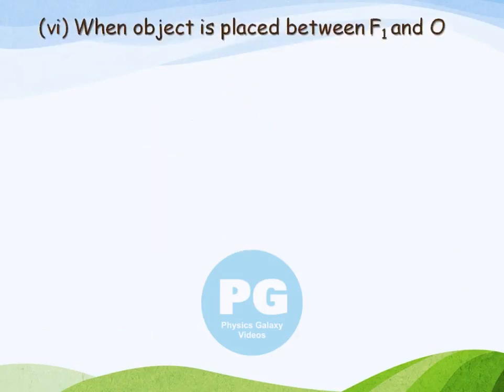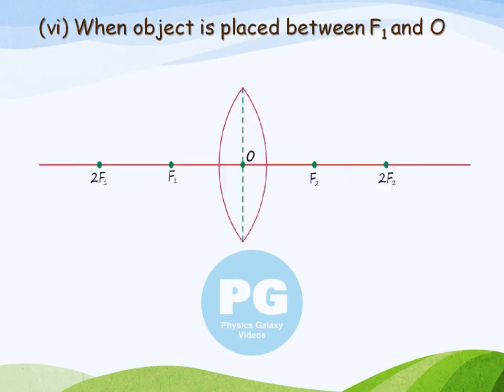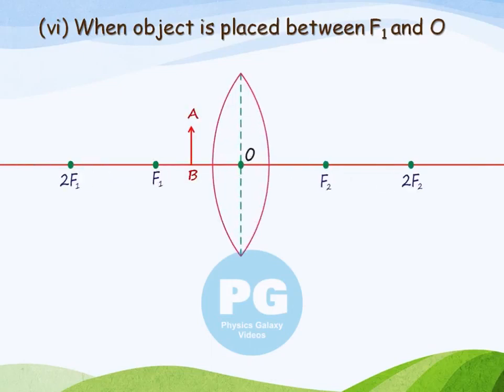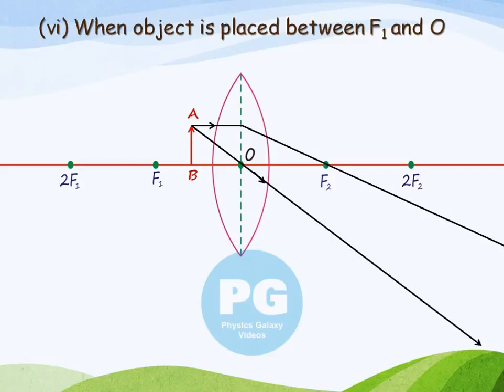When object is placed between f1 and optical center, the first ray of light from point A, that is parallel to principal axis, after refraction passes through the principal focus on the other side of the lens, that is f2. The second ray of light which passes through optical center goes undeviated. Now, this is a divergent beam, so they are not going to actually meet.